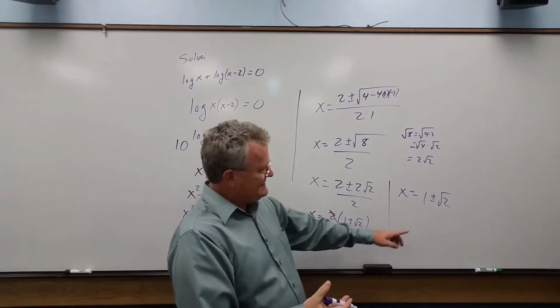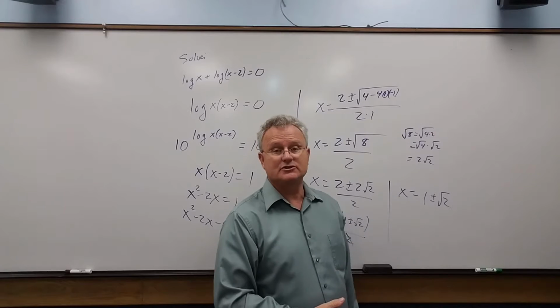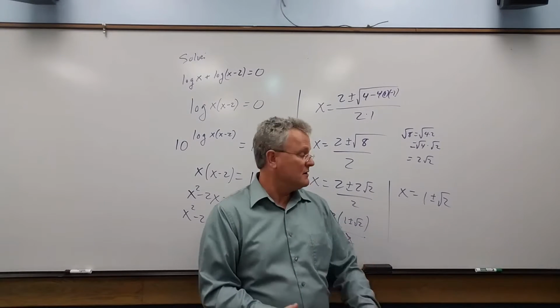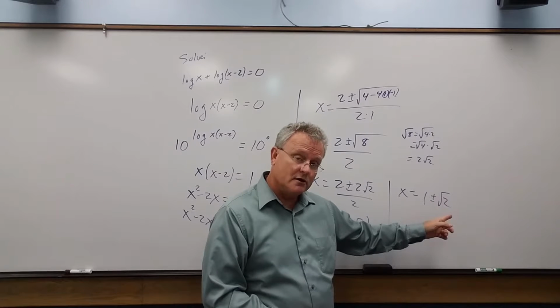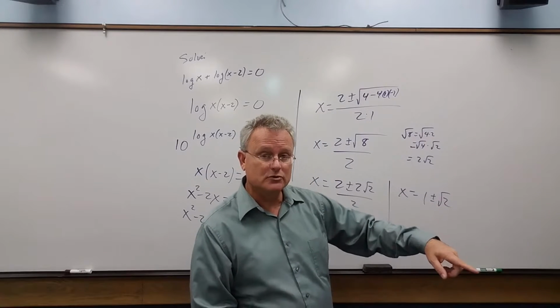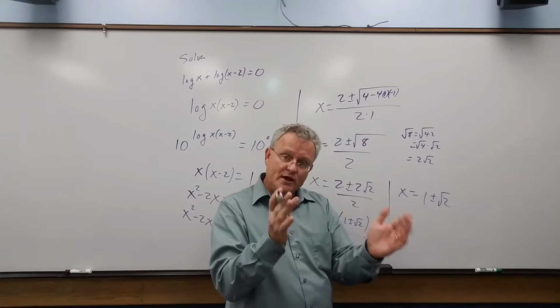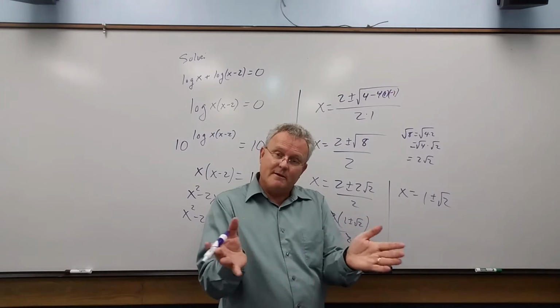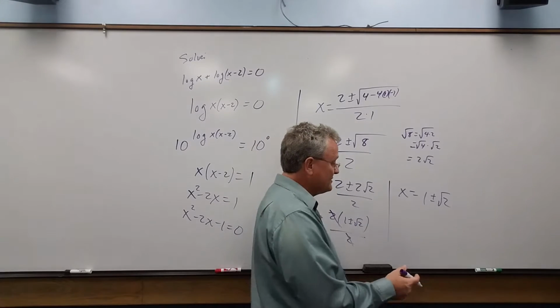Now, we don't really need to actually calculate the square root of 2. We know that the square root of 2 is bigger than 1, because the square root of 1 is 1 and the square root of 4 is 2. The square root of any number between 1 and 4 is going to be between 1 and 2.